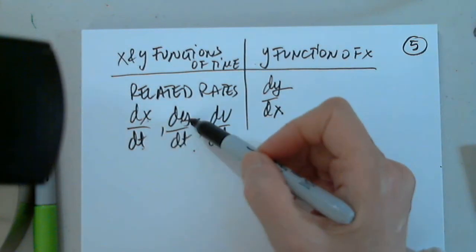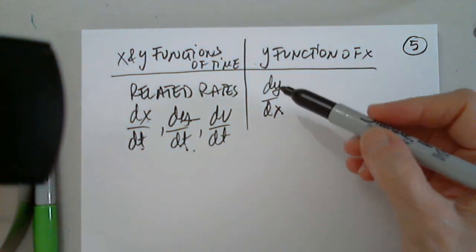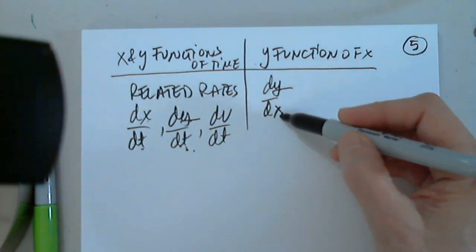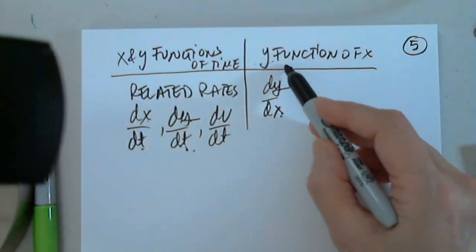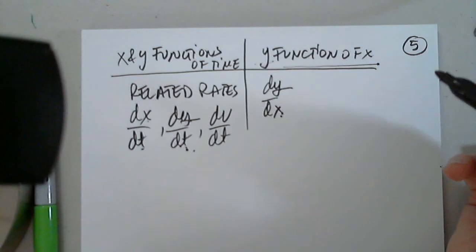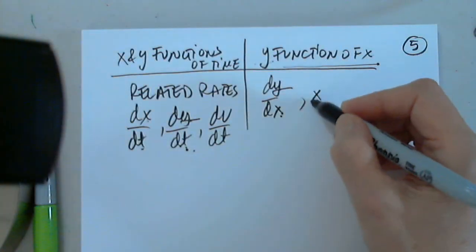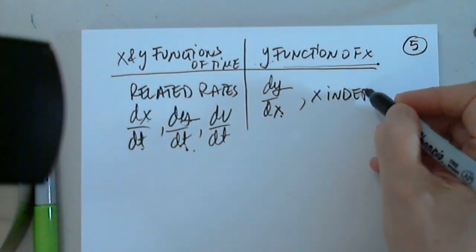But see, x and y here are functions, and they do depend on the same independent variable. But here, it says find dy over dx, which means y is a function of x. And x, in this situation, unless otherwise specified, is not a function. So in this case, x is the independent variable.